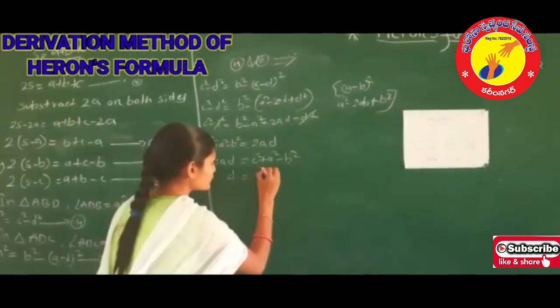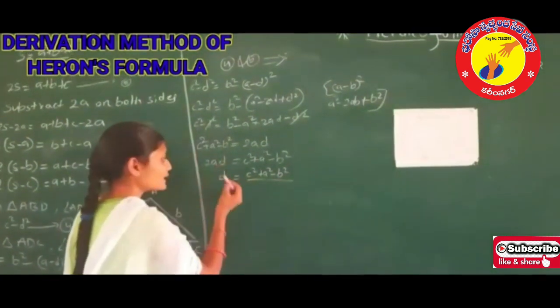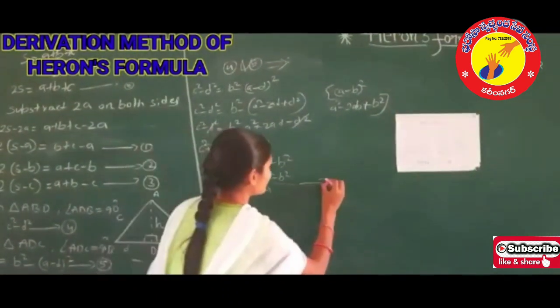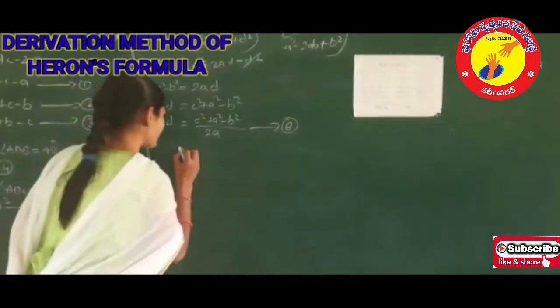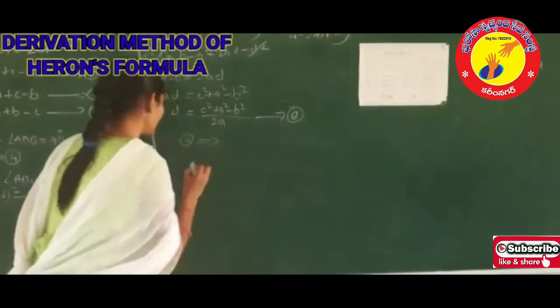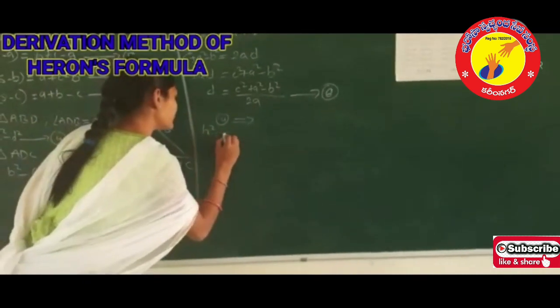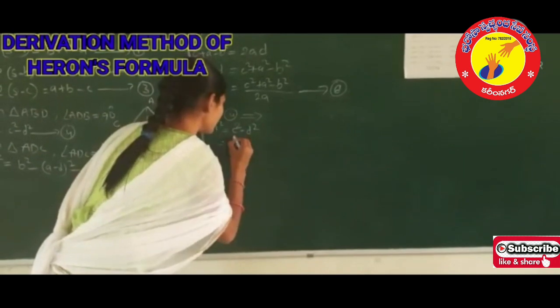Here d equals c square plus a square minus b square, 2a comes to the RHS, divided by 2a. It is equation 6. I take equation 4, which implies here x square is equal to c square minus d square.